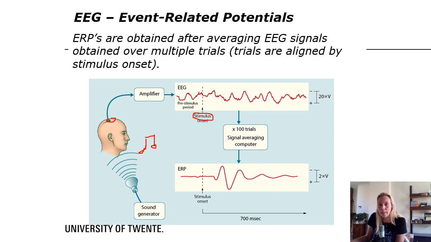And you can see that within 700 milliseconds after presenting the tone, you see a very typical deflection. First, a negative potential, then a positive potential, and then again a negative potential. And then it slowly goes back to zero again.